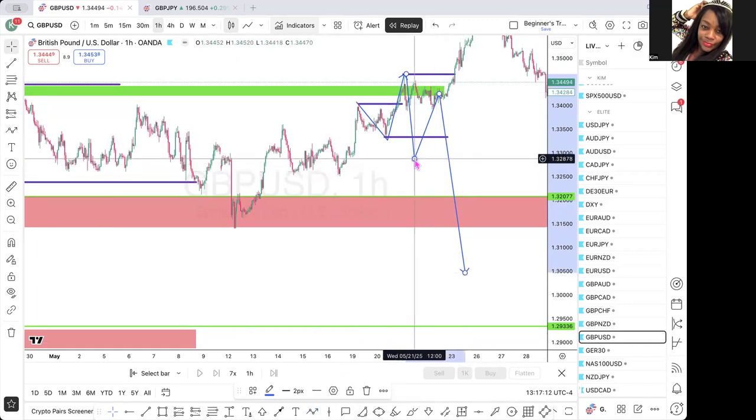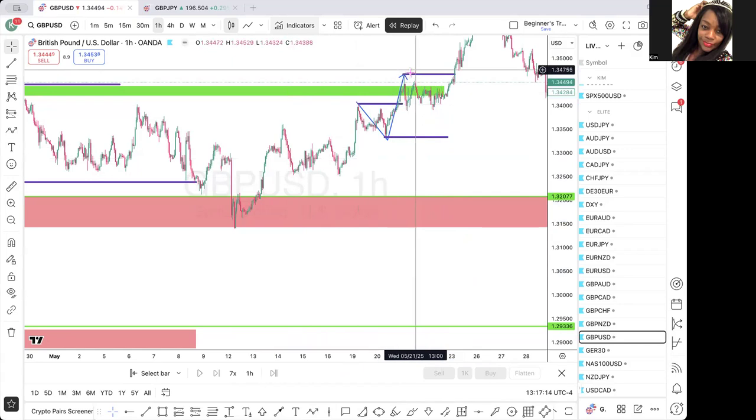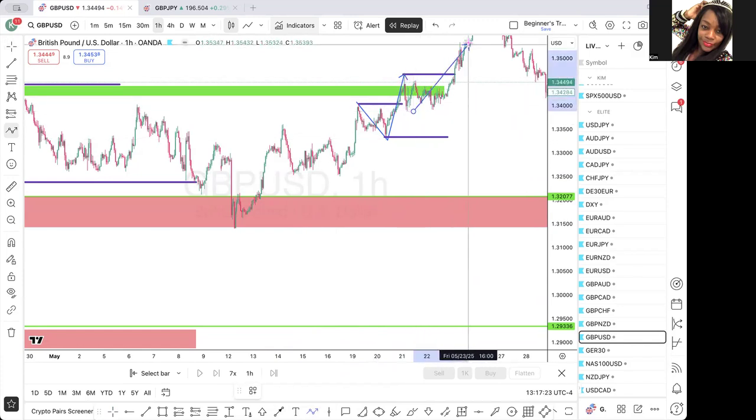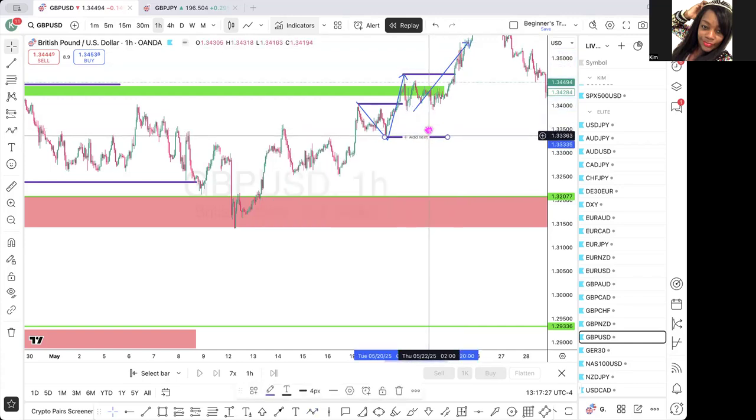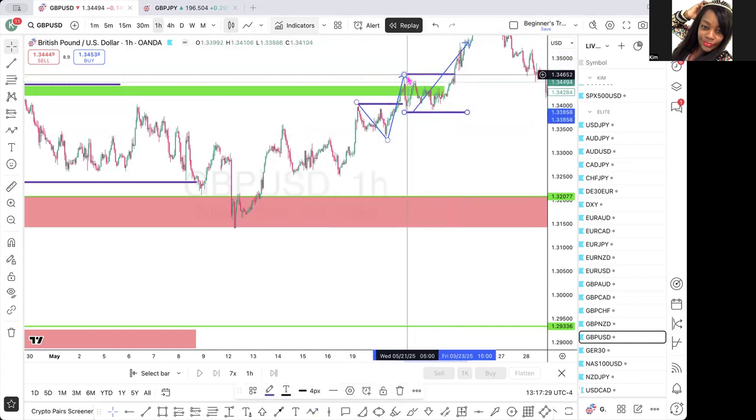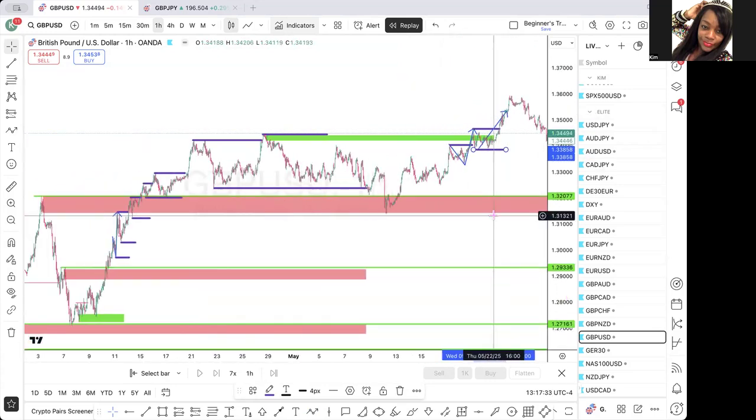If price is going to continue buying, price is going to break this high, and now you have another level of structure here, break of structure, and then this high, and you're going to keep buying.